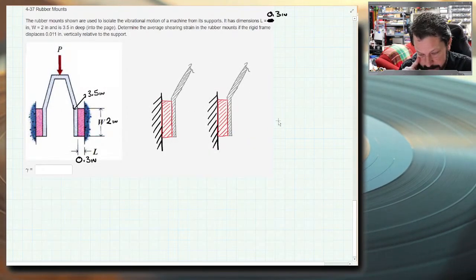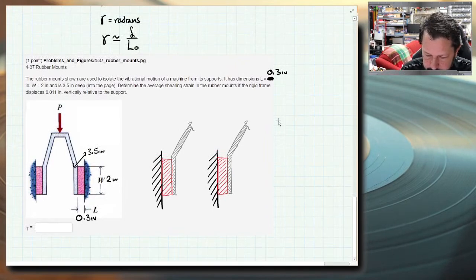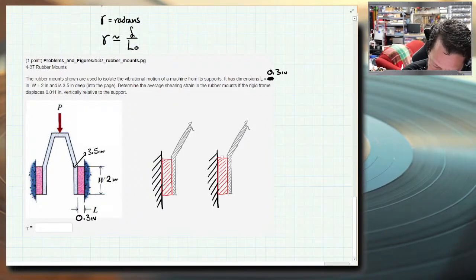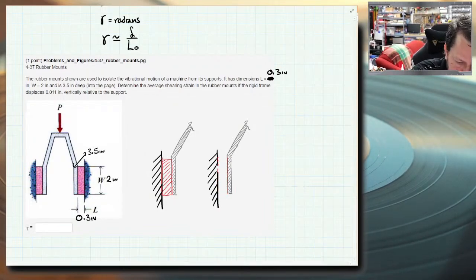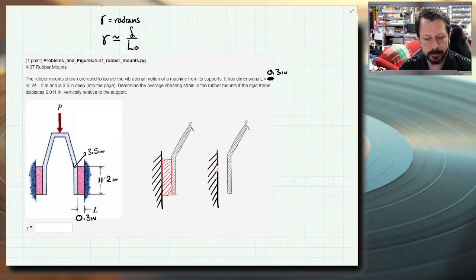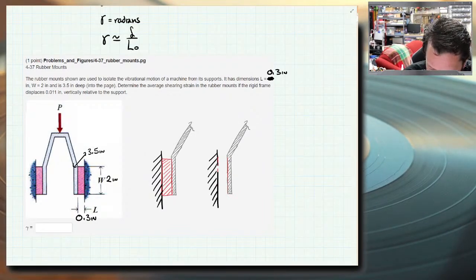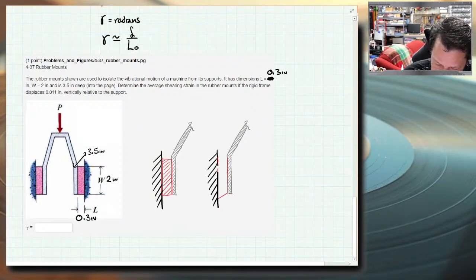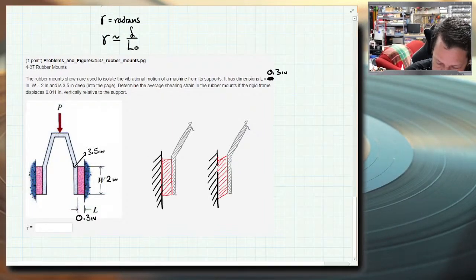And then let's say that what it does is it's going to go in and skew the rubber pad. I don't know which way we're going to make it move. It doesn't say that. It just says it moves vertically. So let's say the silver part moves up. So it's going to do something like that.